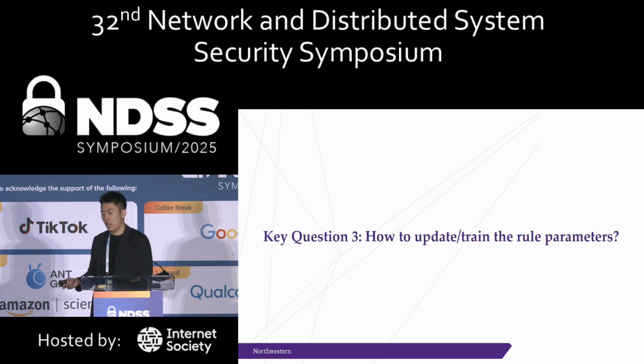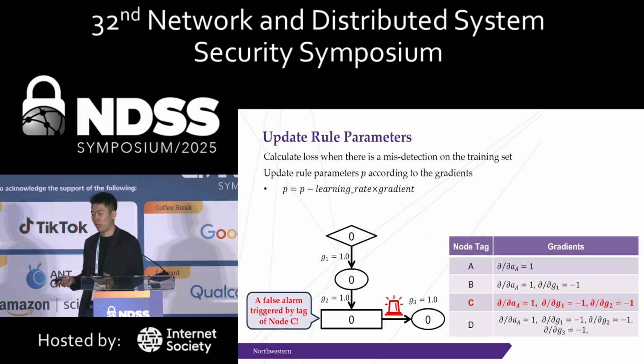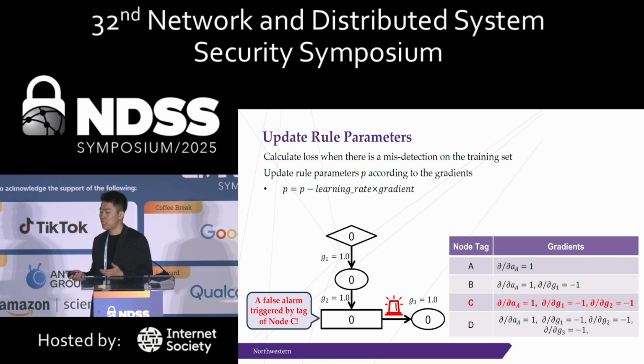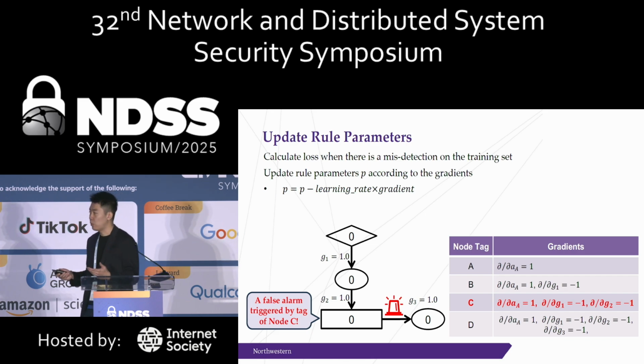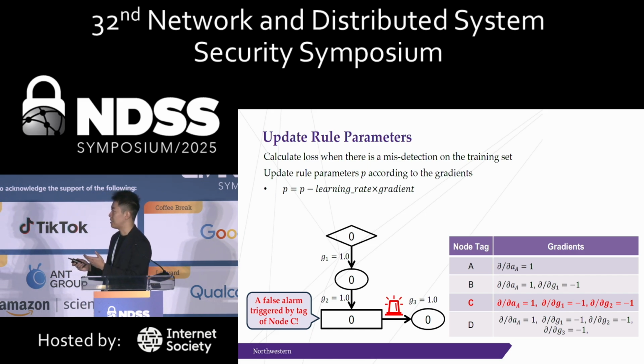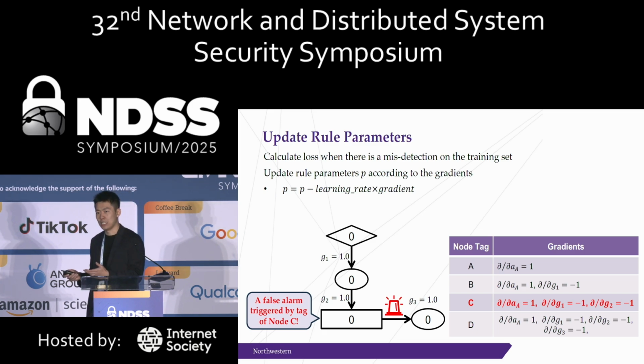With these gradients, how do we update or train the rule parameters? Say we have a misdetection on the training sets, for example a false alarm. We calculate the loss, and we look up the gradient table to see which rule parameters are related to this misdetection.